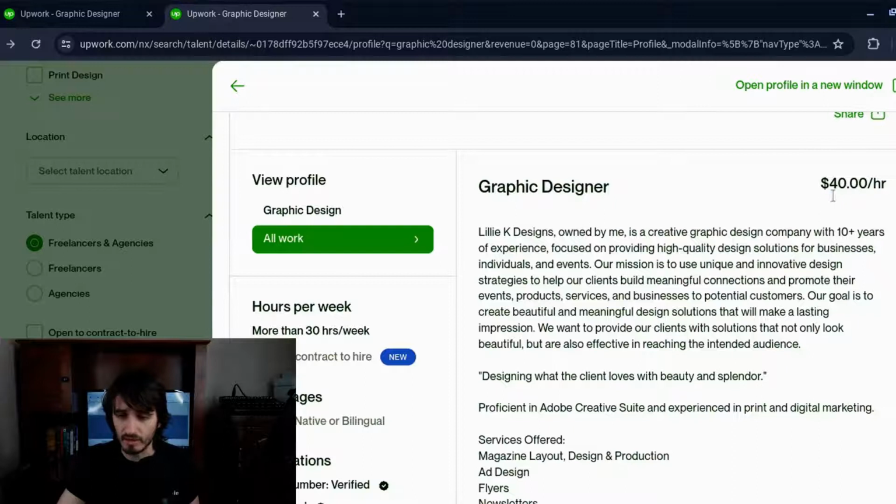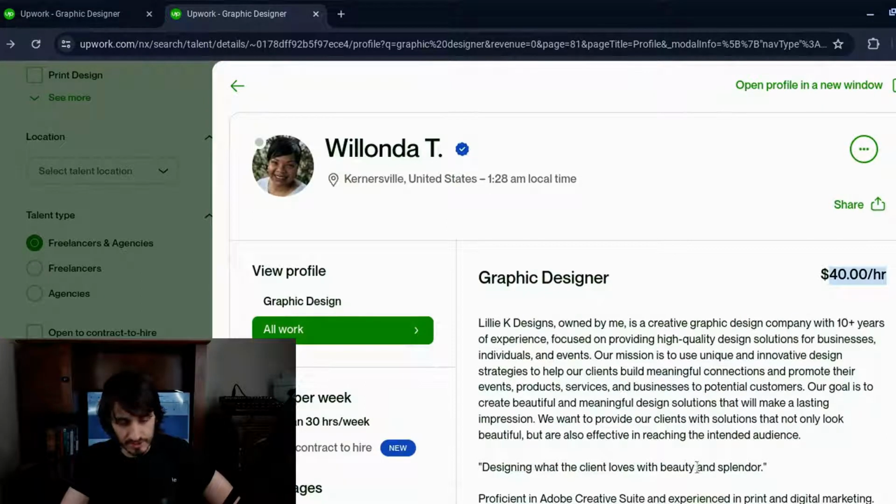Then, $40 an hour. That's a problem. Like, first job on Upwork, $40 an hour. Unless you're really good at proposals. I'm not saying $40 an hour is a bad hourly rate, because as you can see, look at the successful freelancers that we found.